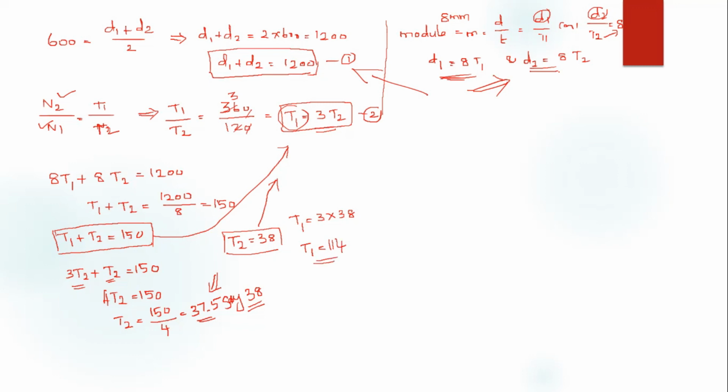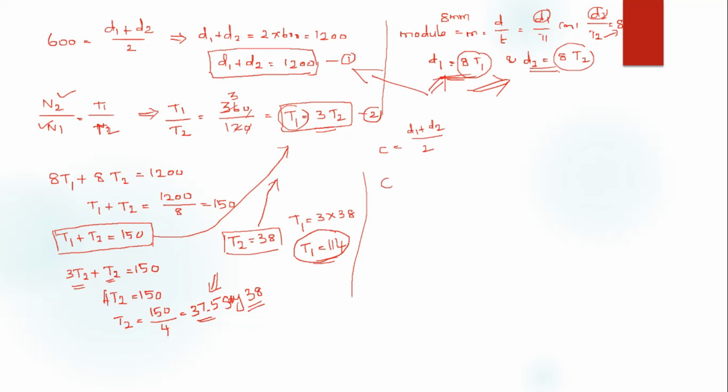Now we need to find C. What is the formula for C? C equals (D1 + D2) divided by 2. So we need to calculate D1, D2. D1 we know is 8 into T1, D2 is 8 into T2. Substitute the T1, T2 values we got.